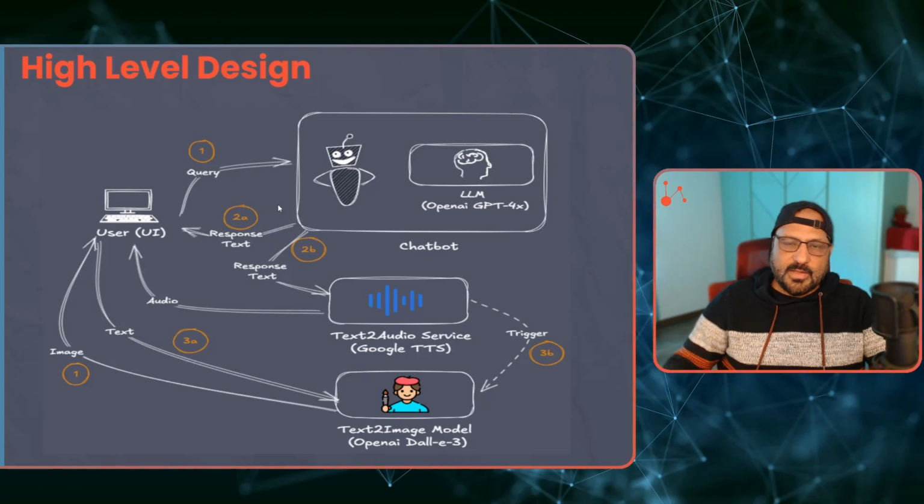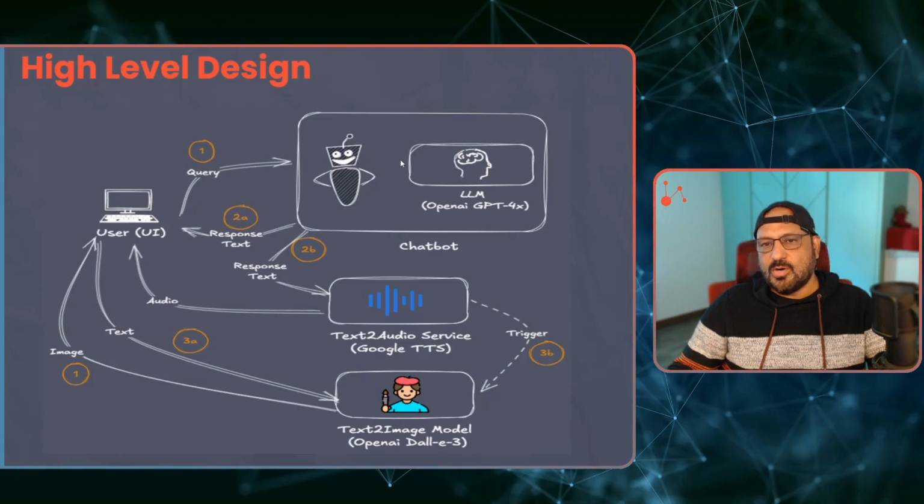The flow of the application is numbered here, so you can see it very easily. Initially, as a user, I ask a question to the model, and it responds based on whatever I've asked. And this is a sub-step: the same response is also sent to the text-to-audio service so that the audio can be played. Here you can look at the text, and through the audio component of Gradio you can hear the same text being played to you.